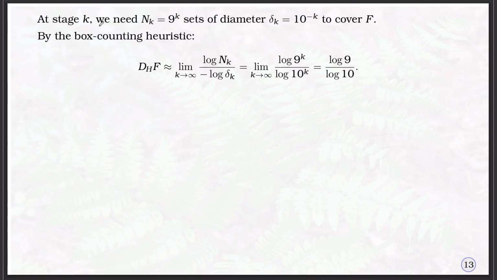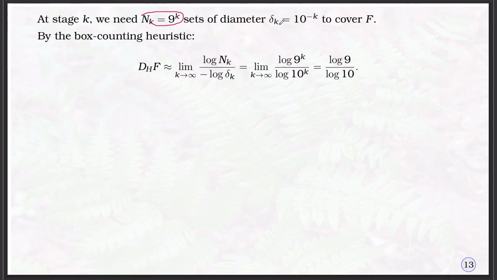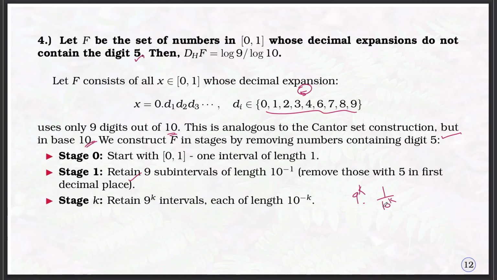Now at stage k we need nk equals 9 power k sets of diameter delta k equal to 1 by 10 power k to cover the set F, because at each step we have this many sets with diameter 1 by 10 power k.